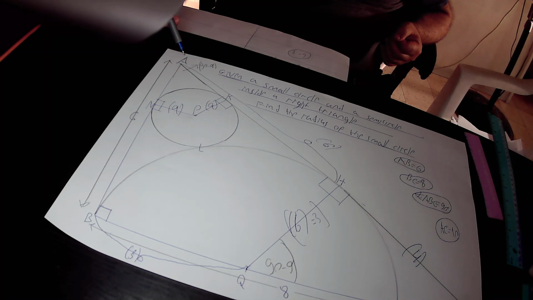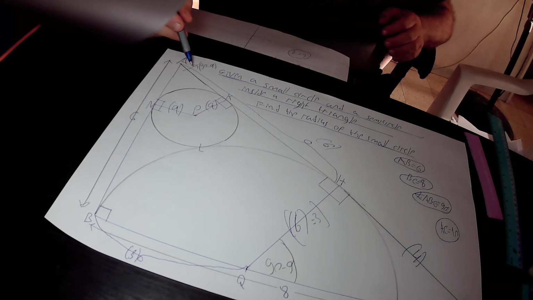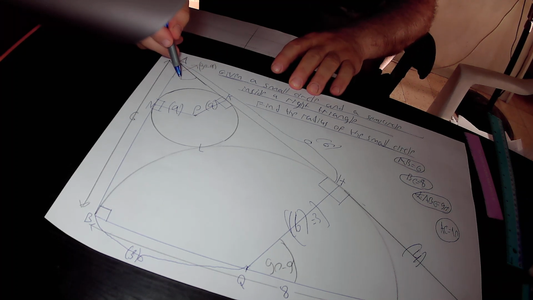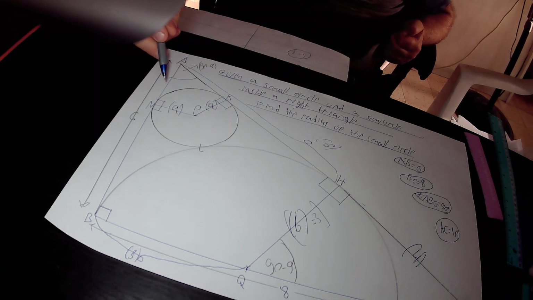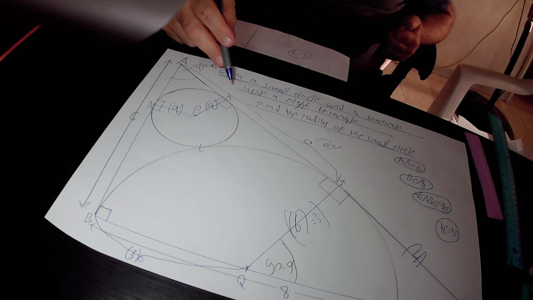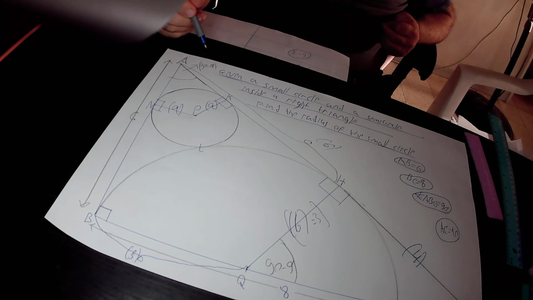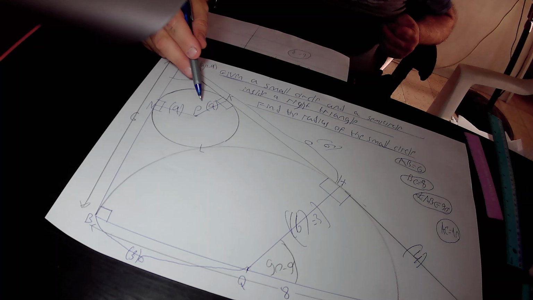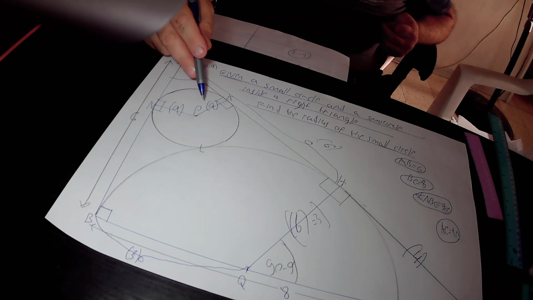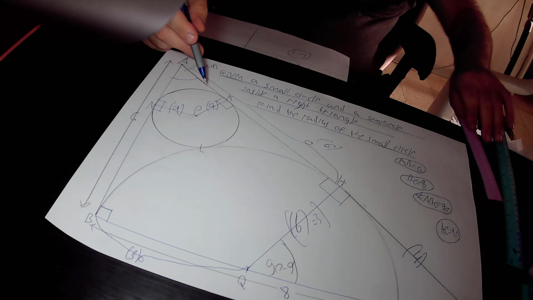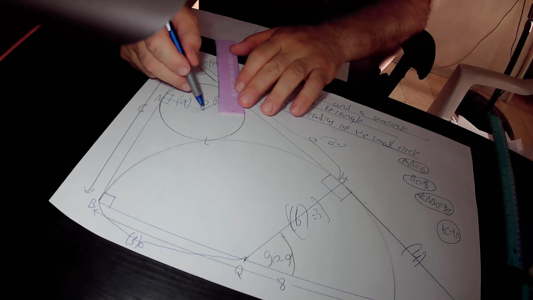By drawing the two tangents AN and AK from point A, we created this angle, angle A. According to rule 15, the angle bisector of this angle A must pass through point B, the center of this small circle. So we join points B and A together by a straight line.